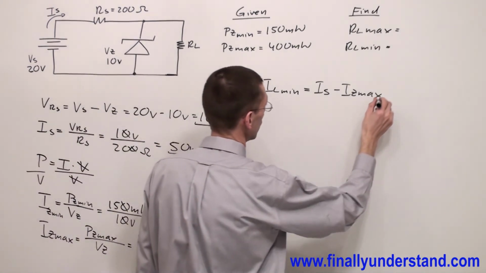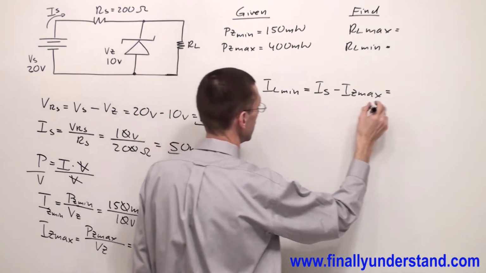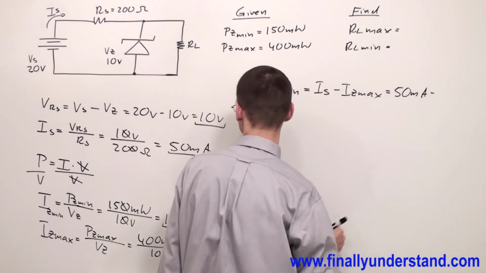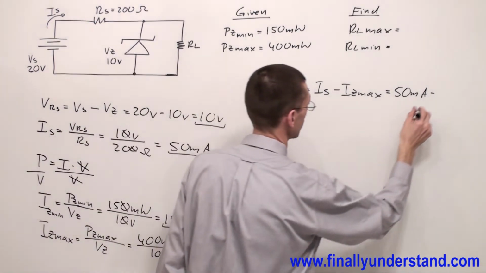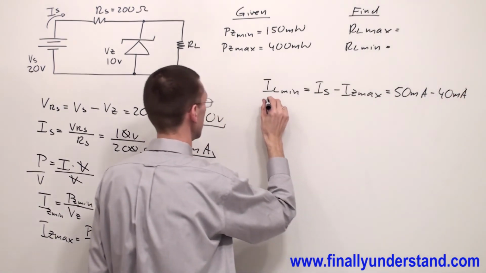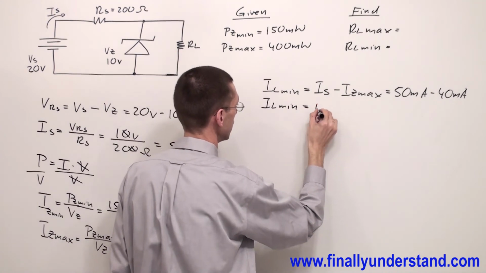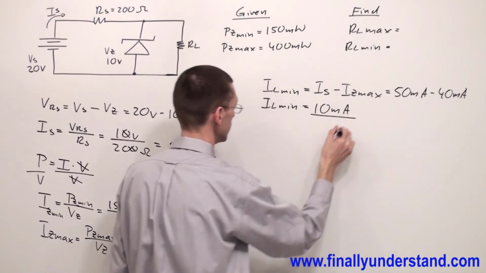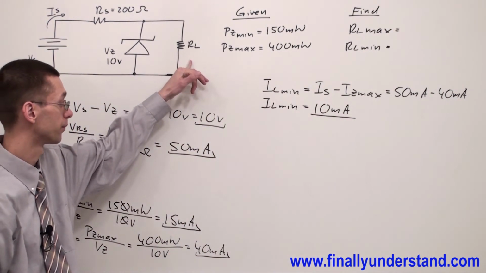This is equal to I source, 50 milliamps, minus IZ max, which is 40 milliamps. So IL minimum is equal to 10 milliamps. This is the minimum current which will go through this resistor.